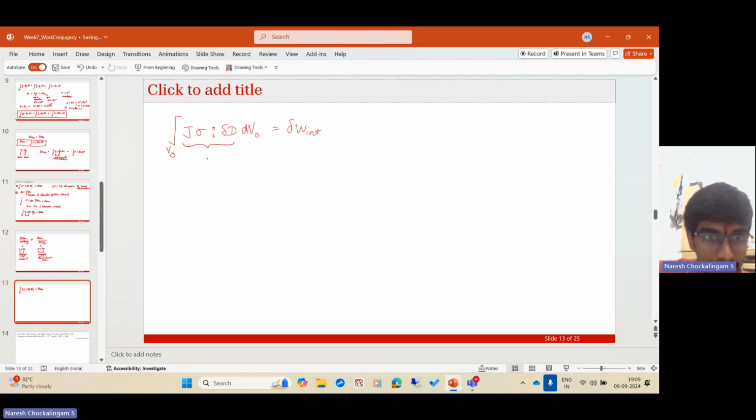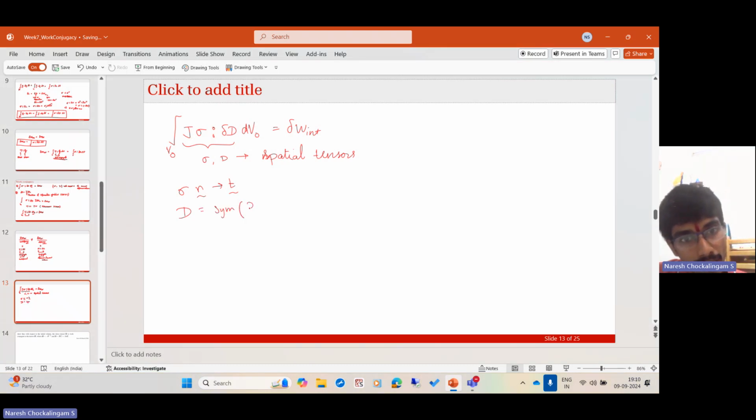However, the integrand itself has quantities such as sigma and D, which are spatial tensors. So sigma takes in a spatial normal and returns a spatial vector, which is the traction vector, and D is the symmetric part of the spatial gradient of the velocity field. The velocity field is spatial, x is spatial, therefore this D is also a spatial tensor. It relates spatial vectors to spatial vectors. Therefore, this is not really satisfactory.